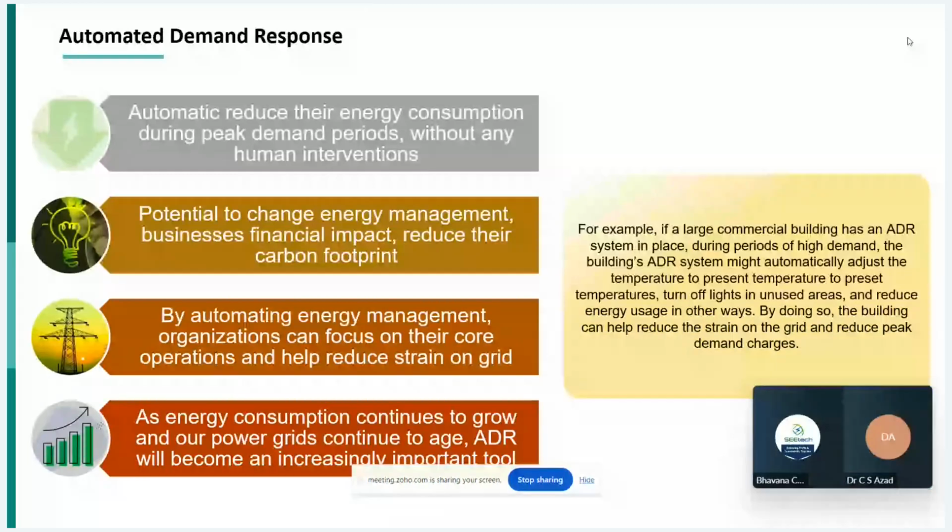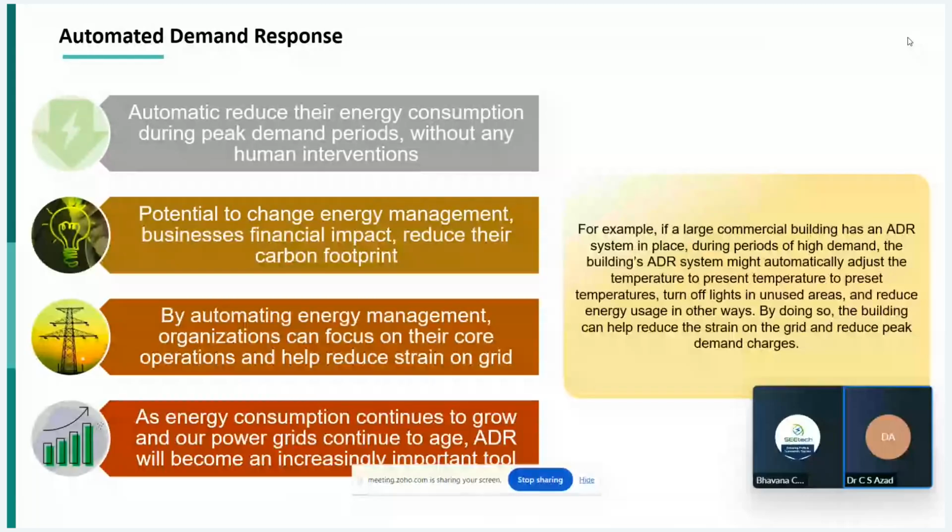In this automated demand response, during the peak demand period, demand is reduced without any human intervention. As we were discussing, there may be some smart appliances, and smart appliances means cyber-physical systems that may be connected through the internet and through smart meters that may be controlled by the discoms.